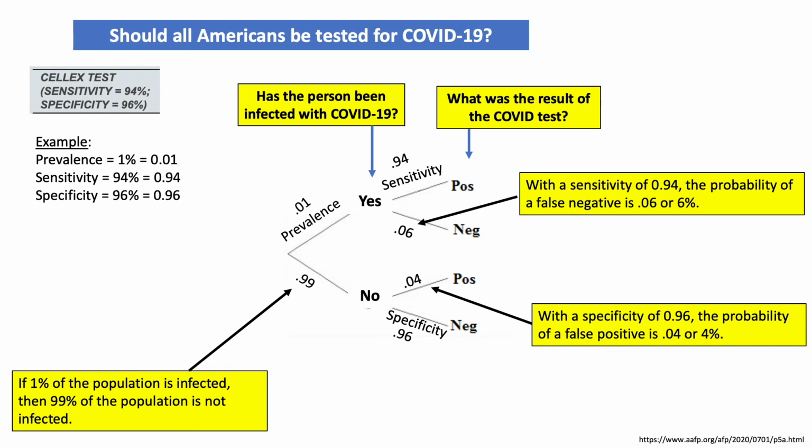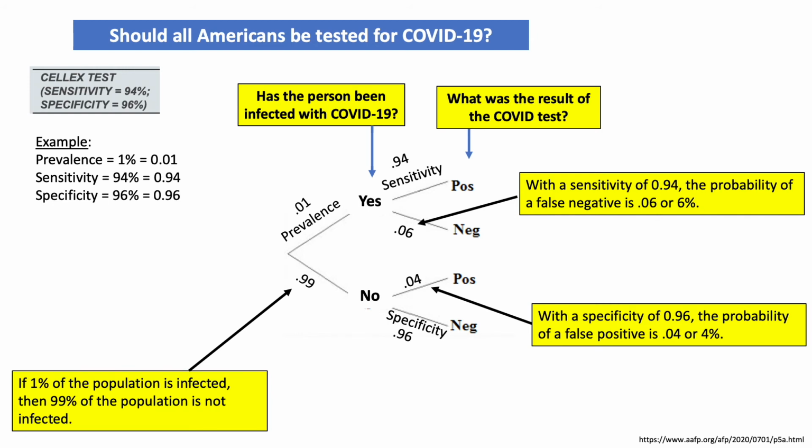If 1% of the population is infected with the coronavirus, then that means 99% is not infected. If the sensitivity is 0.94, that means 94% of those that have the coronavirus will test positive. Well, then 6% will test negative. And so we say that there's a probability of 0.06, or there's a 6% chance that the test will return a false negative.